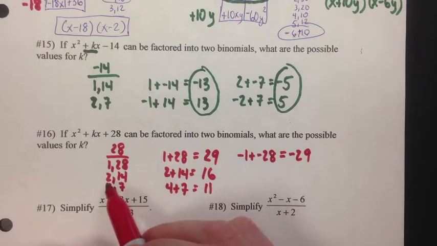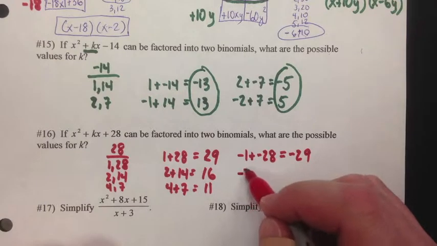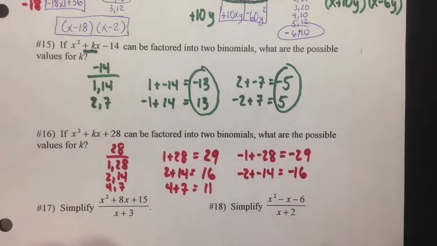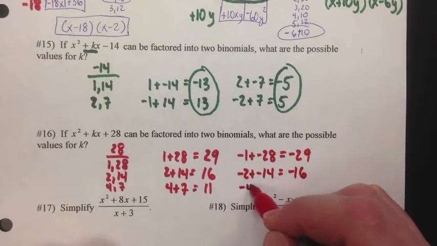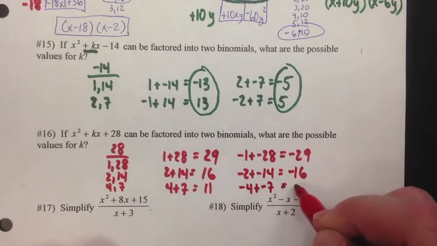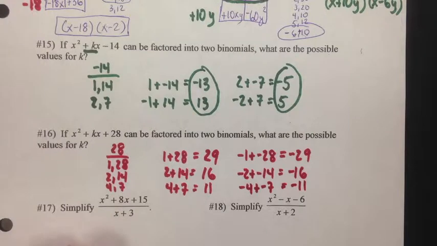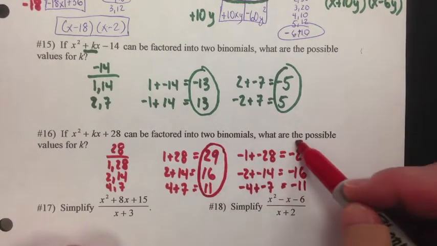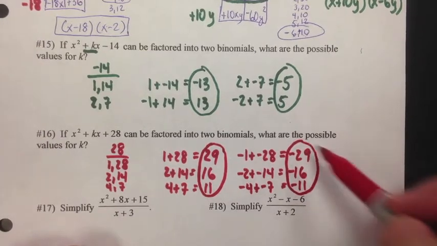Or we could have -2 and -14, which would give us -16. Or we could have -4 plus -7, which would give us -11. So all of these would be possible values for k.